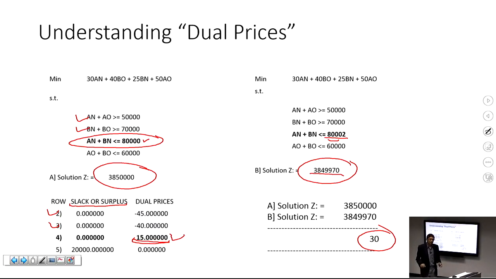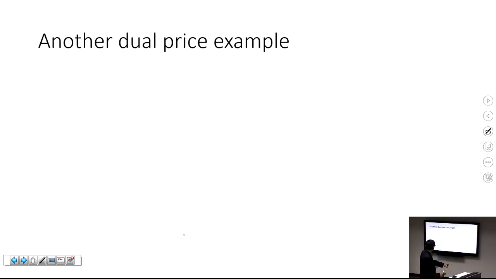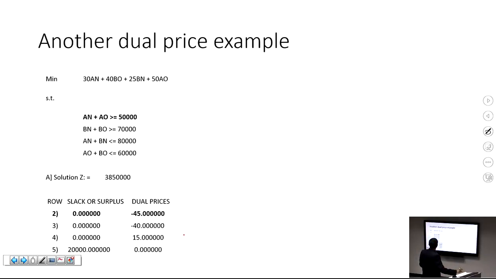Okay, so if the dual price is positive and you increase the right hand side of the constraint, then your objective function improves. Another example of dual price. Now we are going to focus on a negative dual price. This is related to the total number of product A's that you need to make.